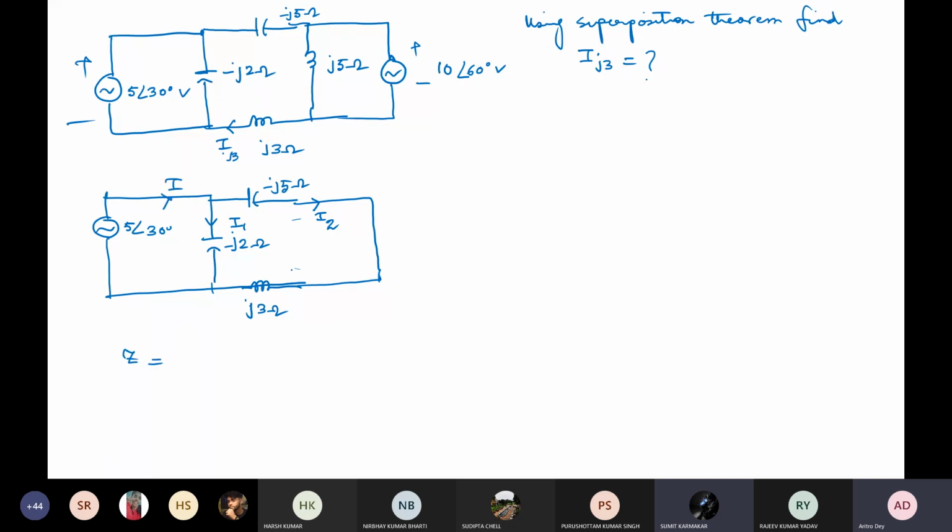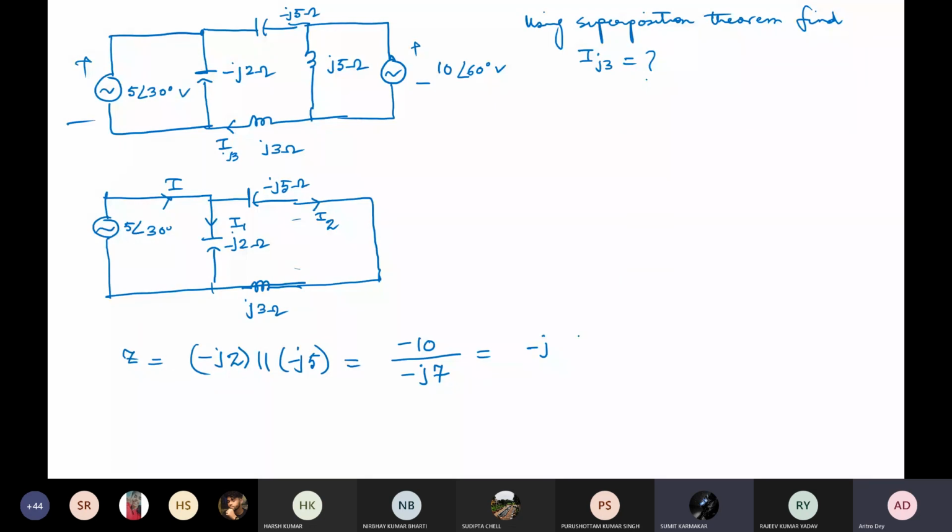So J2 and minus J5. So it is minus 10 divided by minus J7, isn't it? So it is ultimately minus J. This minus minus will cancel out.